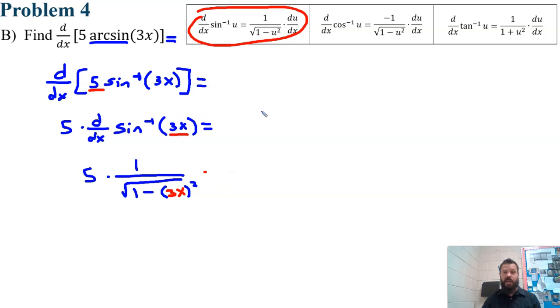And then we do have to apply our chain rule, the derivative of the 3x would just be a 3 here. All right, so final answer for this guy, 5 times 3 up top would be 15, all over square root of 1 minus squaring 3x. Squaring the 3 gives us a 9. Squaring the x would just give us an x squared.